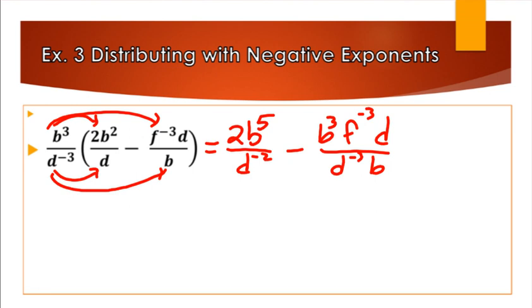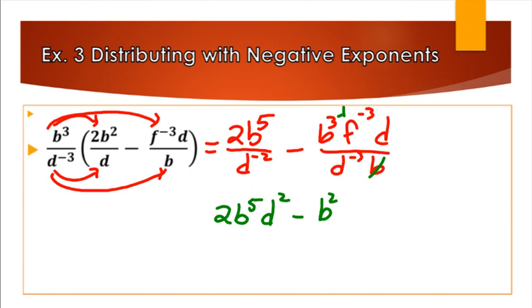And now here's where we need to simplify. Remember, we can't have negative exponents, so d to the negative 2nd, to make it d squared, we'd have to move it to the top. So this would be 2b to the 5th d squared all over 1, so we're not going to put that over 1, minus, I can simplify here, I have 1b here, that means I can take 1b away there, so I have b squared.